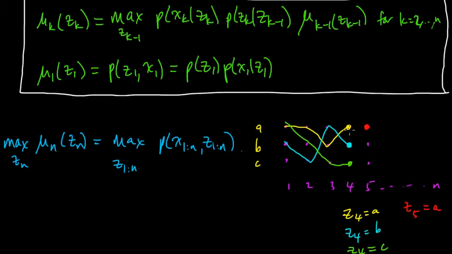Either append it to the yellow sequence, see what you get, compute the value, try that, compute the value, and try that, compute the value, and take the maximizer over those. You're taking the maximizer over the value of z4, and one of those three is going to give you a maximizer up to z5 that ends at z5 equals a.